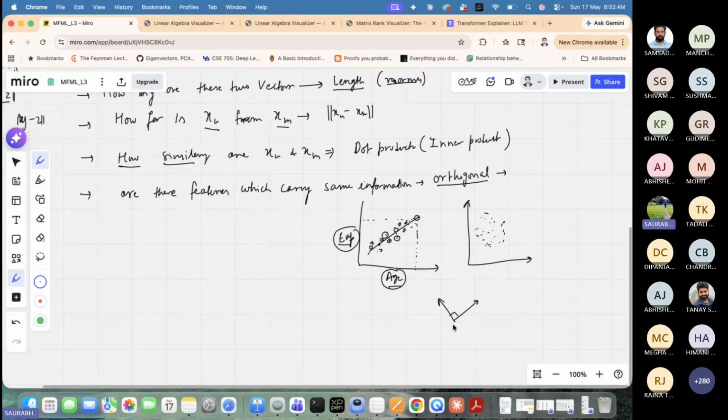They are in different directions such that the angle between them is 90 degrees. They would always be orthogonal. In that case, let's say this is x vector, this is y vector, you will see that x dot y is equal to 0. And this also means that these two vectors are carrying different information.